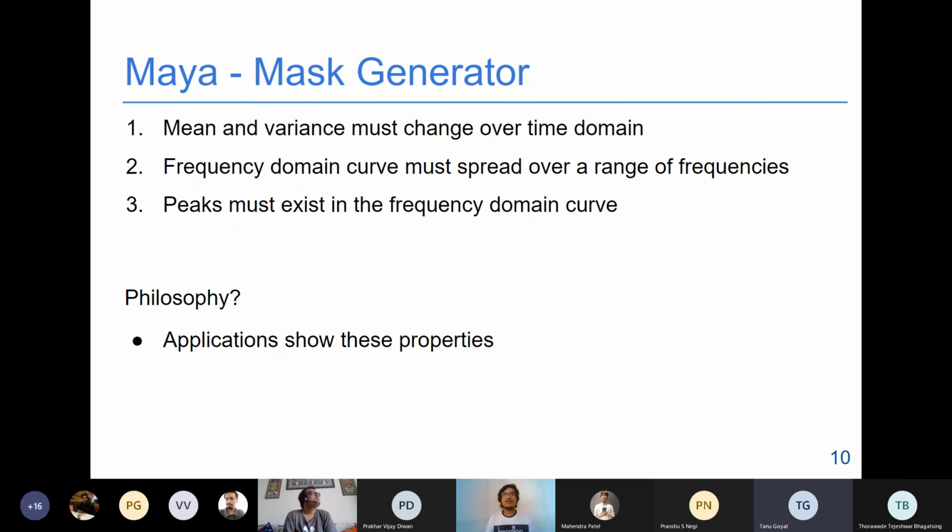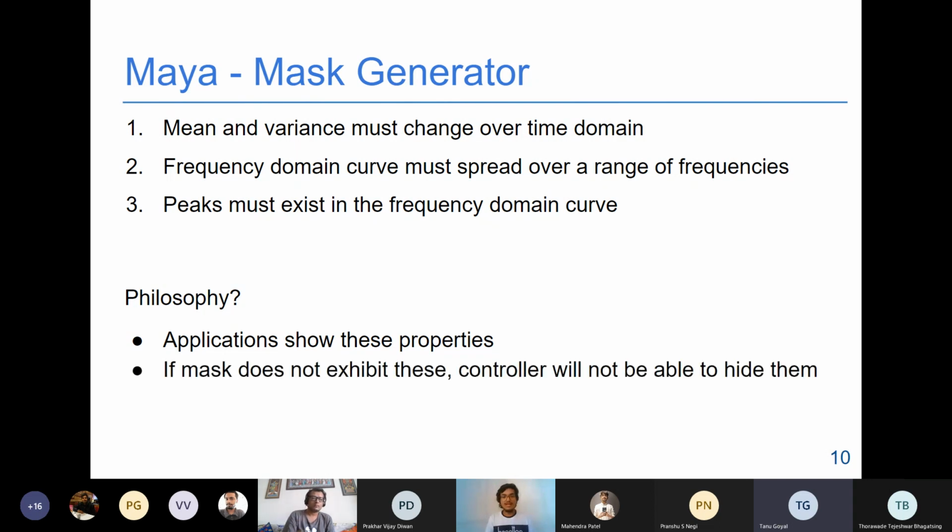You cannot ask a controller to vanish the peaks from the frequency domain curve. And if that cannot be done, then you'll be leaking information by using an ineffective mask. So that's why we ask that if the mask does not exhibit these properties, then the controller will not be able to hide them.